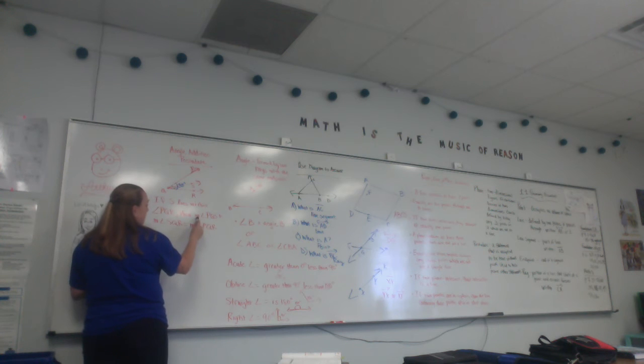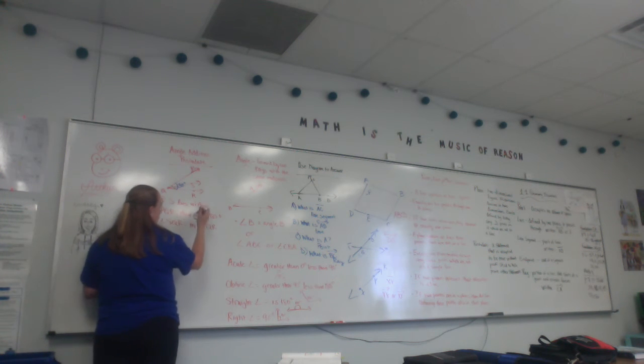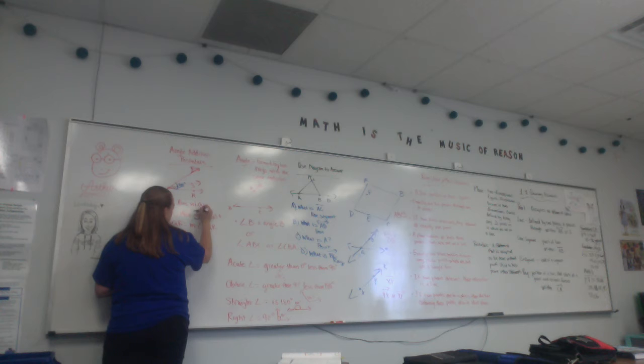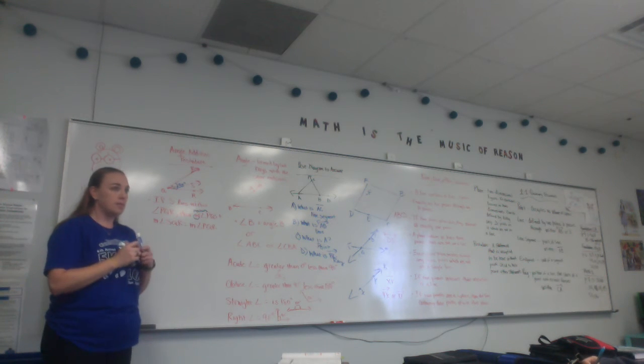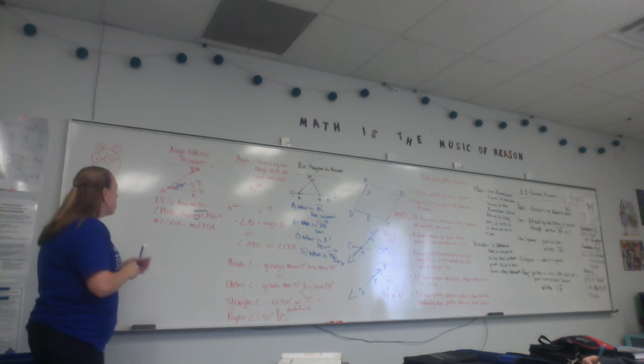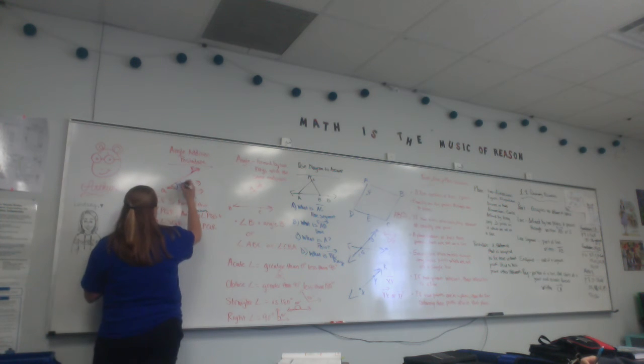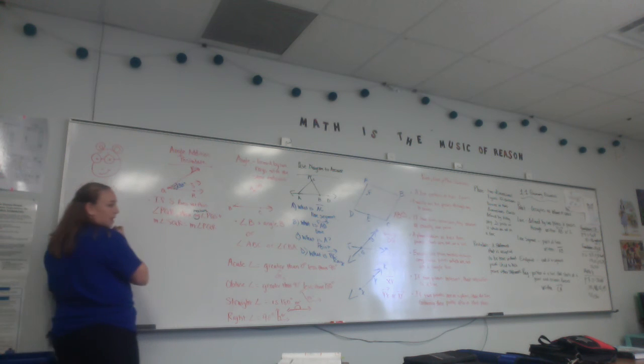So that's what this M stands for. It stands for measure. Okay, so when you see that in front of an angle, we're talking measurements. Does that make sense? Okay. So let's say that this one here is, I'm just going to make up a number, 22 degrees. Okay.